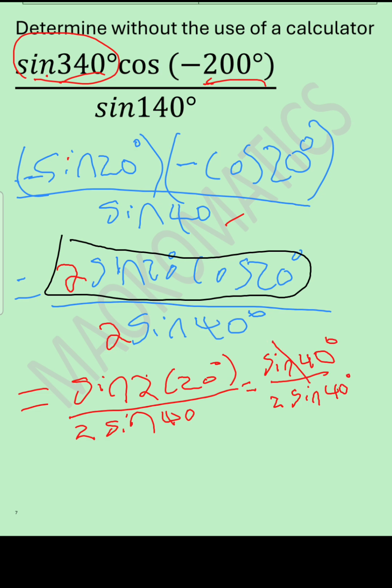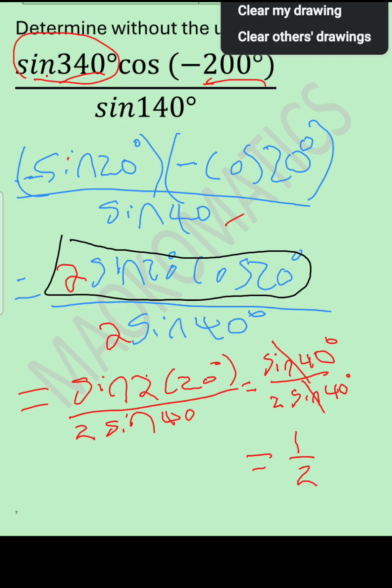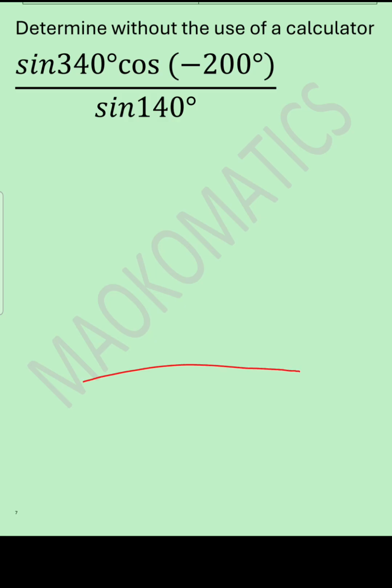Then sine 40 and sine 40 cancel. The final answer is 1 over 2. So that's how we would have done this one. So let's go to the next one.